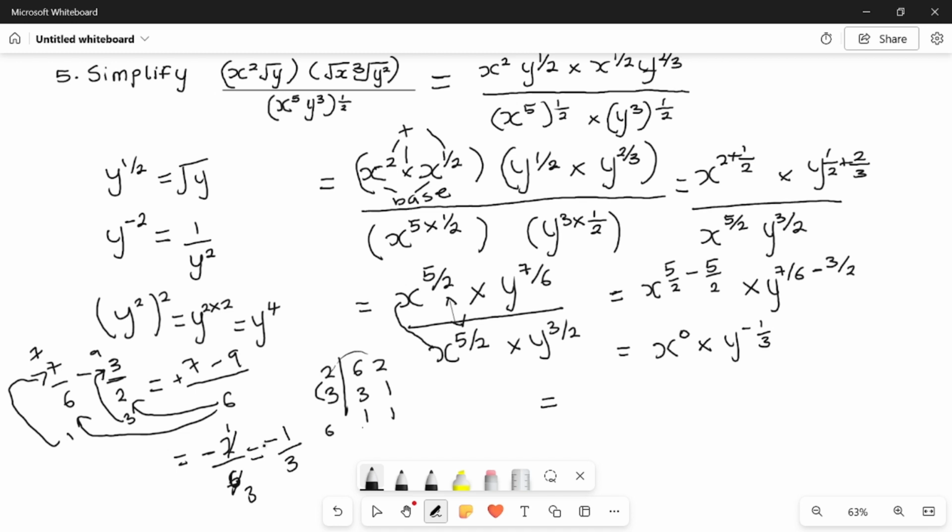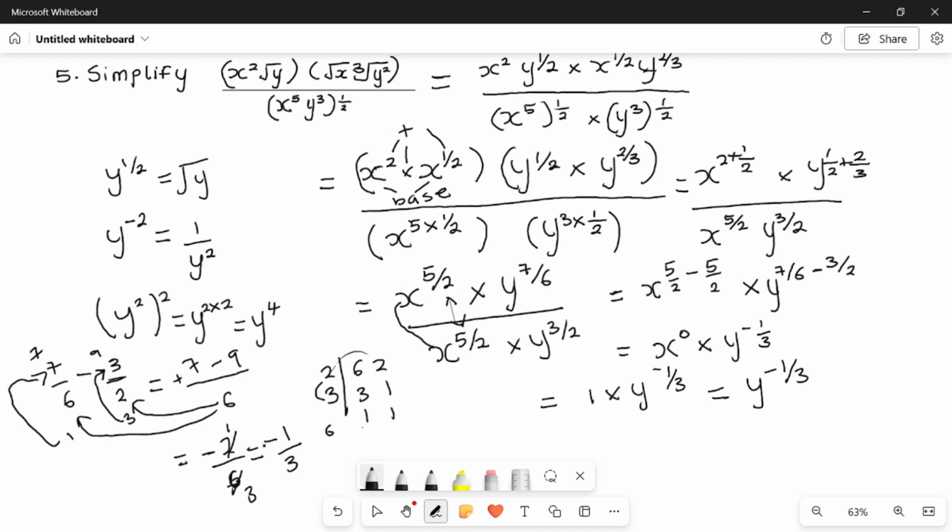And we know from our previous video that any base or number raised to power 0 will give you 1. So x raised to power 0 will be 1 times y raised to power minus 1 over 3. So we will now have 1 times y to the minus 1 over 3.